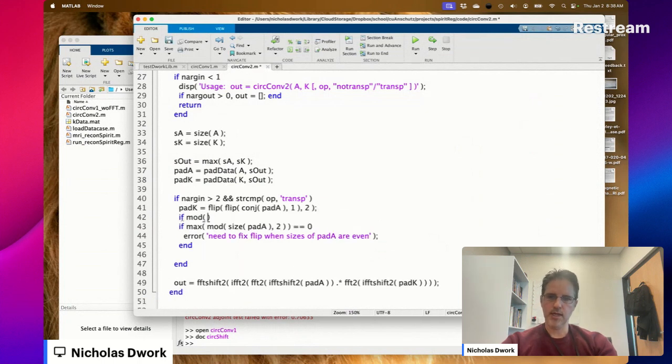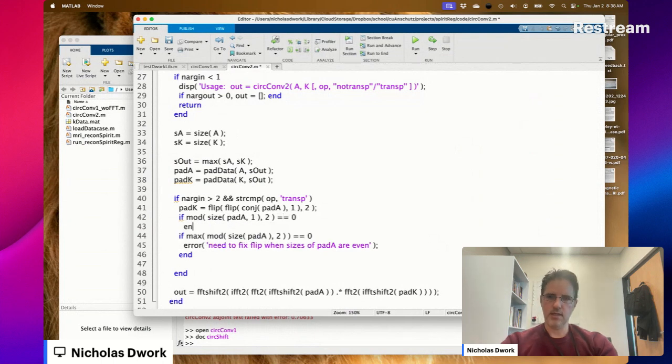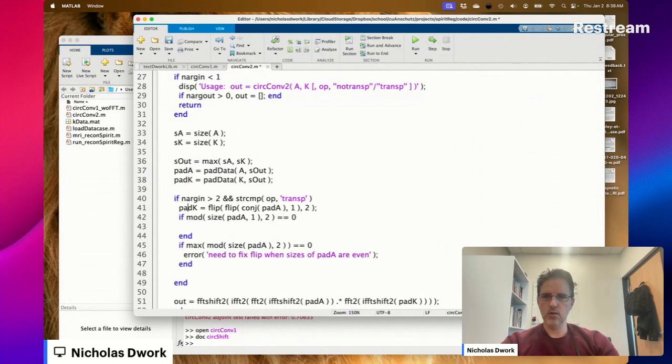If mod size had a, in the first dimension, ooh, that looks like an issue, doesn't it? Okay.